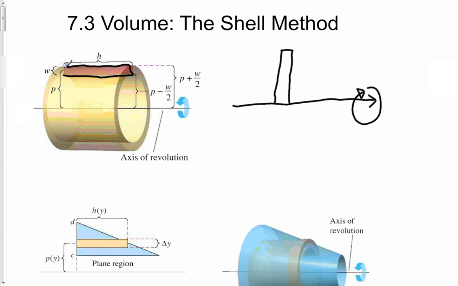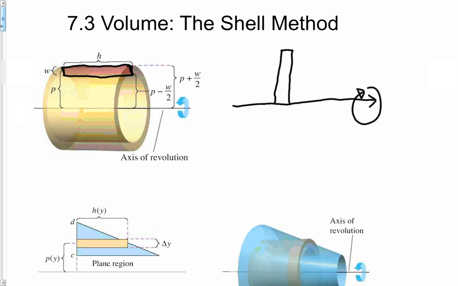This would be the representative rectangle here. And notice this representative rectangle has a height, the h, parallel to the axis of revolution, which is also horizontal. So when we revolve such a representative rectangle about an axis of revolution, we create a shell or a tube.